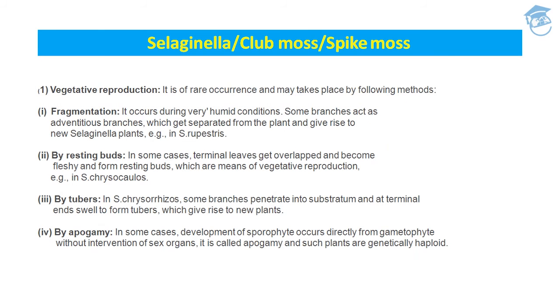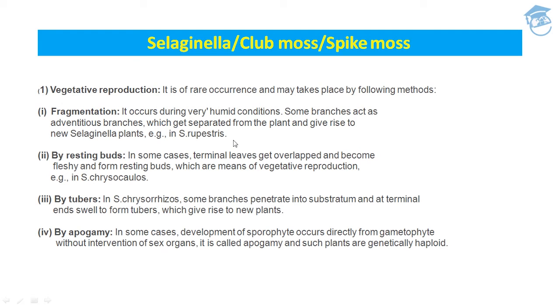So vegetative reproduction is of rare occurrence, students, and it may take place by the following methods: fragmentation, resting buds, tubers and apogamy. Fragmentation occurs during very humid conditions, and some branches act as adventitious branches which get separated from the plant and give rise to a new Selaginella plant, and it is seen in Selaginella rupestris.